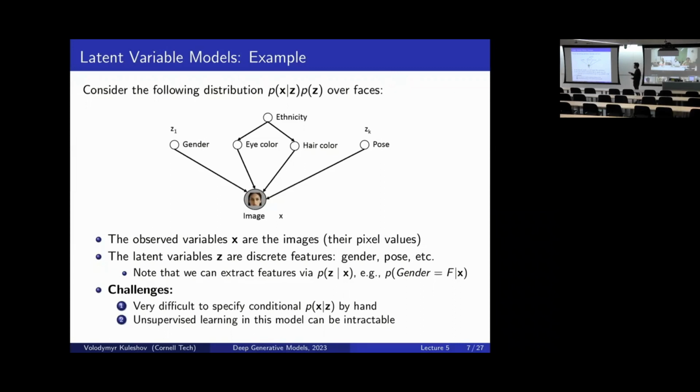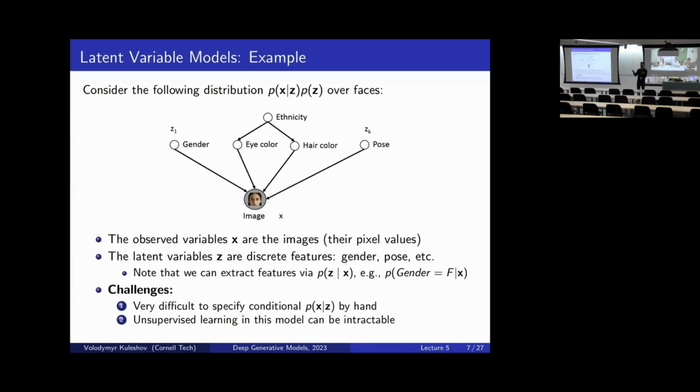And then the other challenge is that it's unclear how to even specify this model. First of all, p of x given z: it's hard to specify by hand what is the shape of a distribution over human faces given their gender or eye color or hair color or pose. x is just a large matrix of pixels, and here we have some categorical variables.